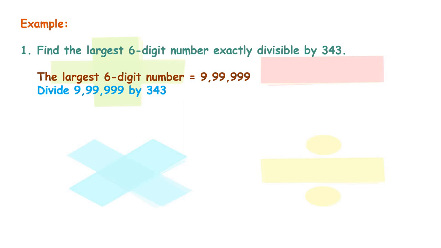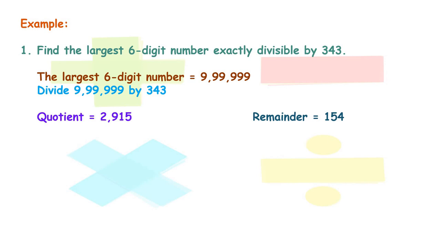Now divide it quickly. Okay, so we'll get 2915 as the quotient and the remainder will be 154.